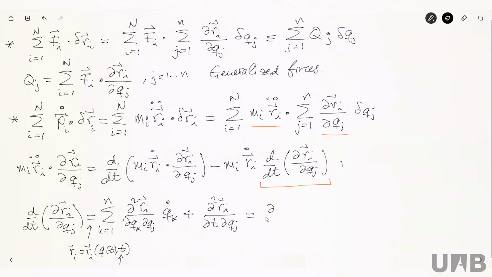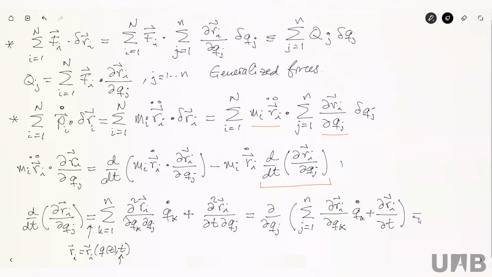So this is nothing but the derivative with respect to q_j of the whole thing, which is the sum from k equals 1 up to n of the derivative of r_i with respect to q_k, q_k dot, plus the derivative of r_i with respect to t. I can factor out this derivative with respect to q_j.